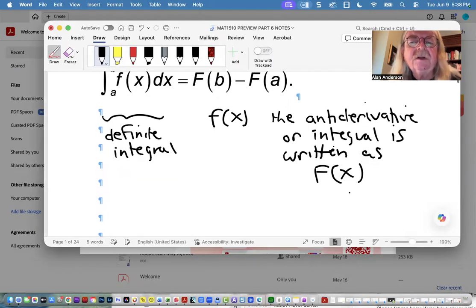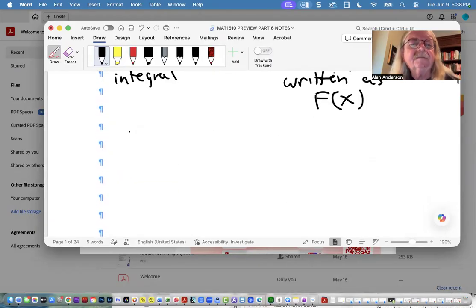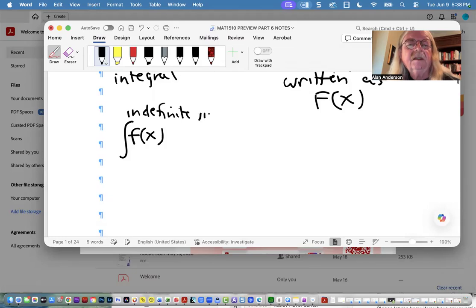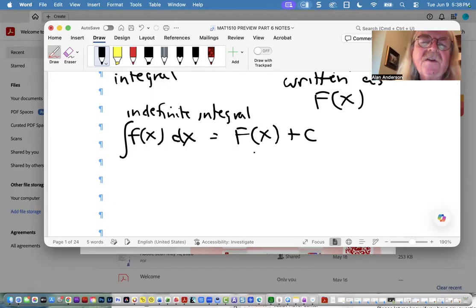So in other words, you could have a statement like this. If you have an indefinite integral, which provides us with a family of solutions, you find the antiderivative using the rules that we know, and then you have to add the c, of course.